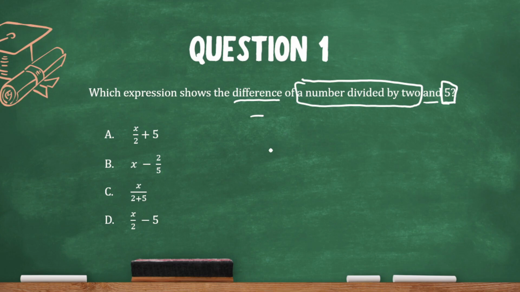So a number divided by 2, we don't know what that number is, so this part, a number, will be X. So X divided by 2, we can show that like this. And we want the difference between that and 5. So we're going to subtract 5 from that. So the answer choice that matches that is D.